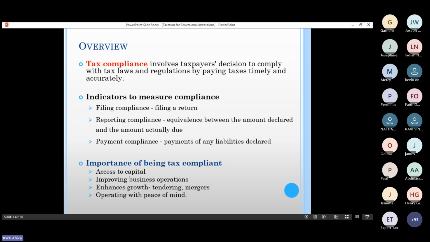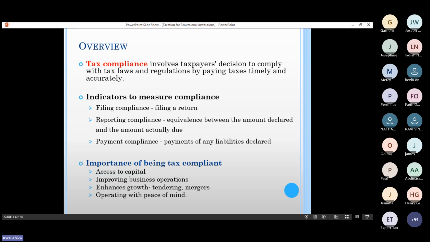Then we have reporting compliance. After you have filed the returns, have you paid the liability as expected? The amount that you have declared and the amount that is due, is it the same? So you have not declared a lower sale than what is expected.